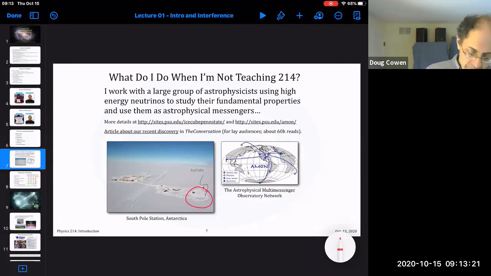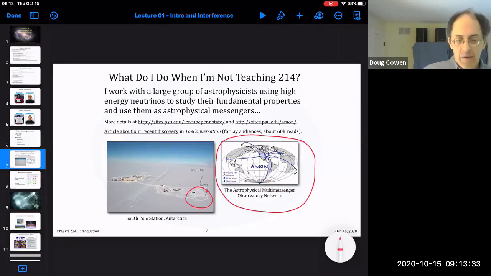Here at Penn State is headquartered something called AMON, which stands for the Astrophysical Multi-Messenger Observatory Network. And what AMON does is it brings together signals in real time from a variety of particle astrophysics experiments, including IceCube at the South Pole, and tries to see if there are any coincidences in the signals that are arriving in the direction from which those signals came from and the time at which they arrived.